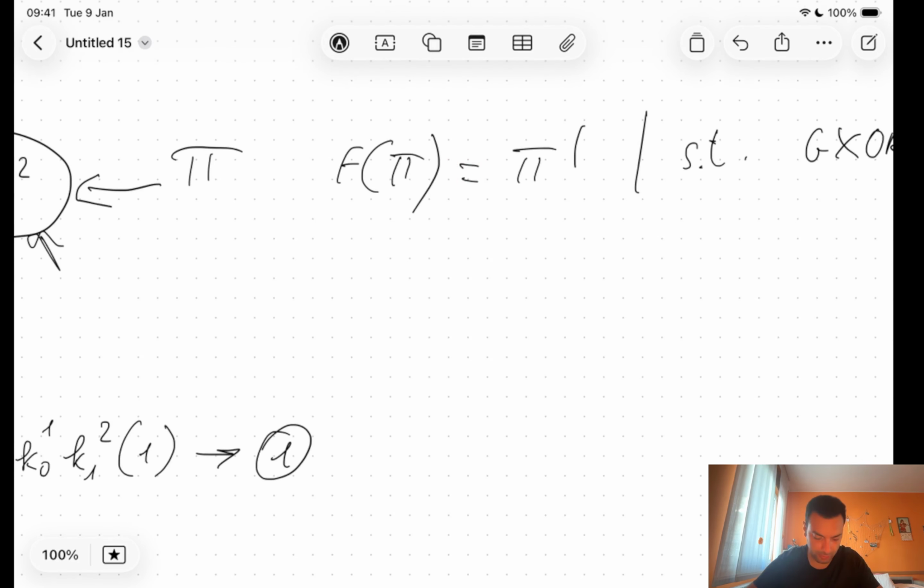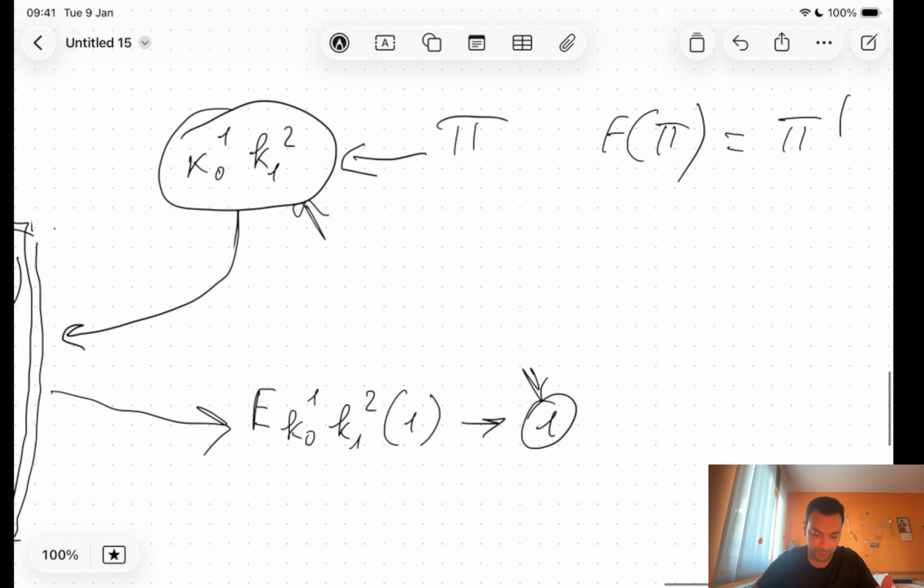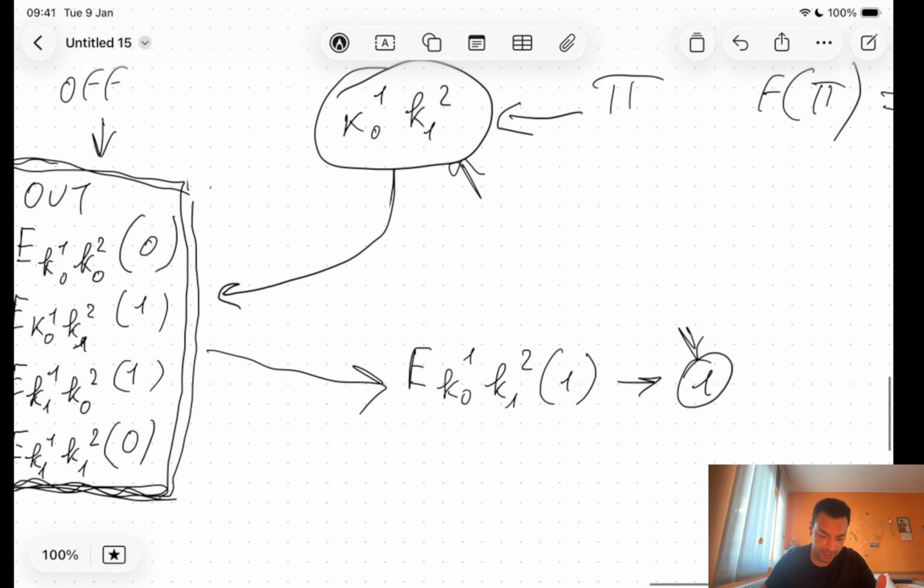Because we obtained 1 and we want 0. And yes, in theory it's possible. In practice, you need to find k. If you want a 0, you have k01, and you have this one, and you need this one, right? So you need key 02.